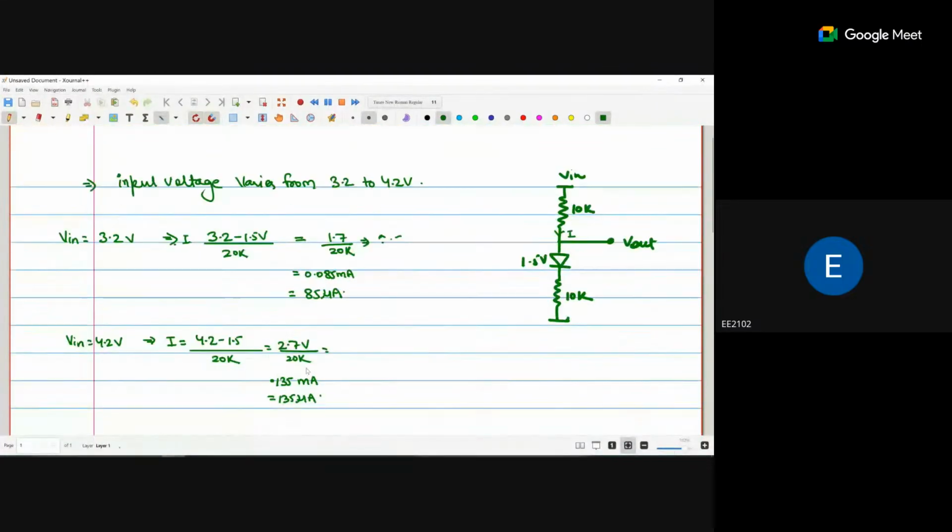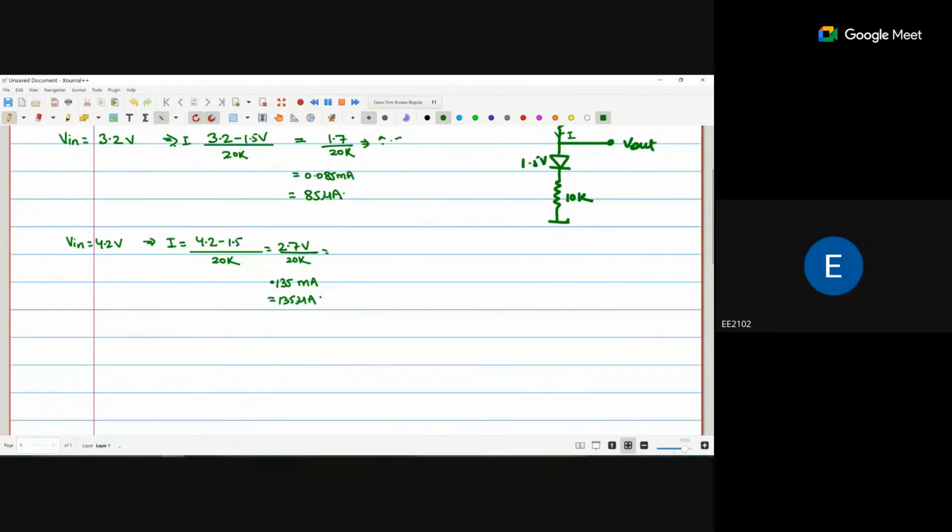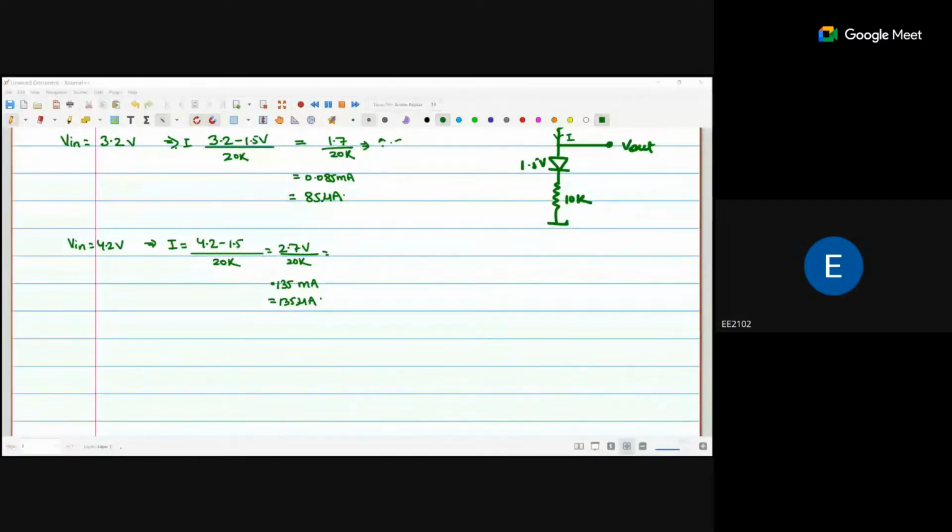Now the variation in the IL. Sir, the load regulation should be millivolt. Then the volt is measured, then why is it asked in milliampere? Yeah, the load regulation should be millivolt per milliampere.